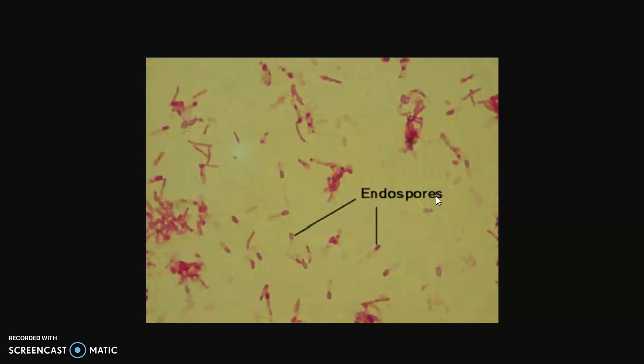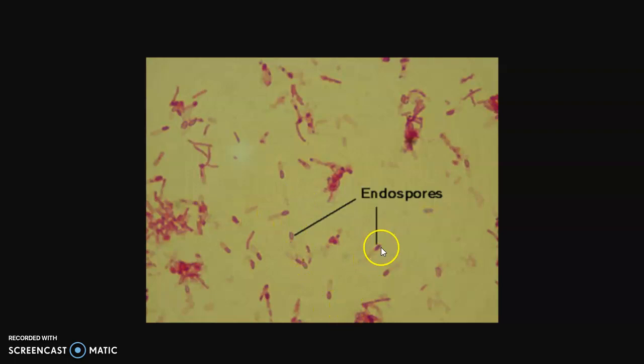The last bacterial structure that we are going to look at here is what we refer to as the endospore, or the terminal endospore. So what we've got here is Clostridium tetani, which is the causative agent of tetanus, and one of the best examples of an endospore former. So you've got these rod-shaped bacteria here, okay?